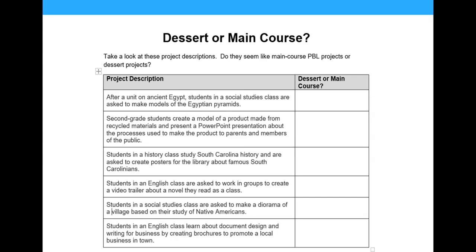So let's say you were in a high school and you said, what South Carolinians do South Carolina high school students need to know about that aren't in the history books? And then you would be learning your South Carolina history, but you would also be learning about people who aren't included in the books, who are on the margins, people that we don't hear much about, but who did play important roles.